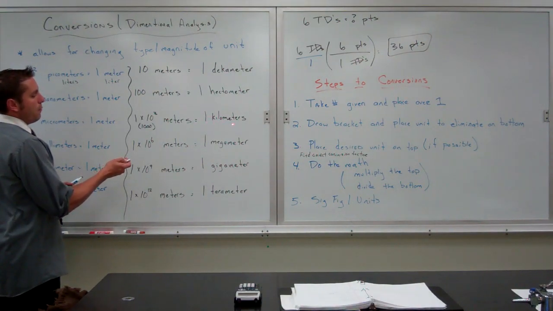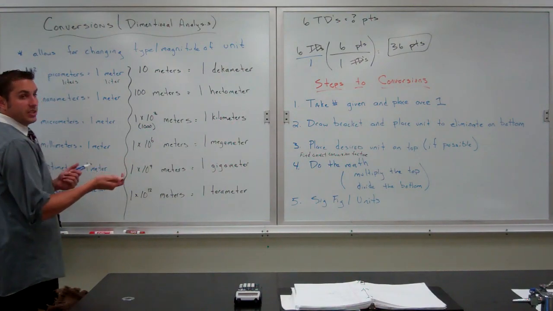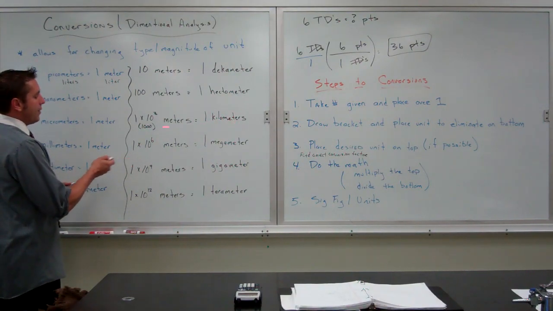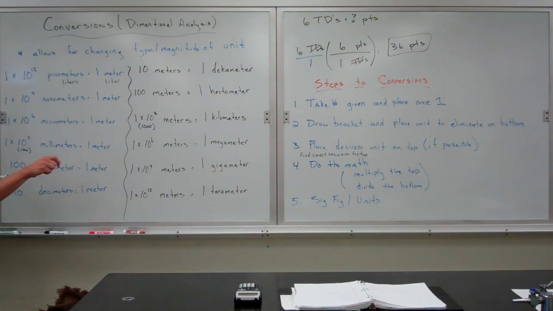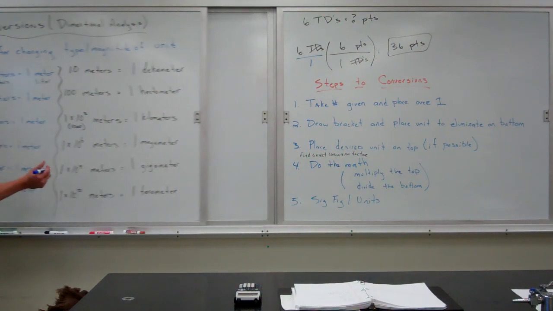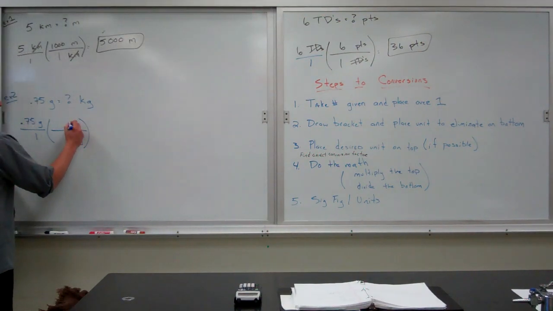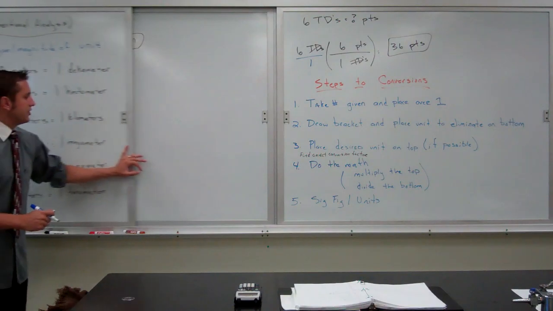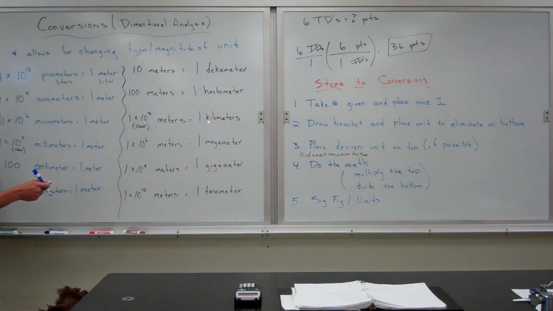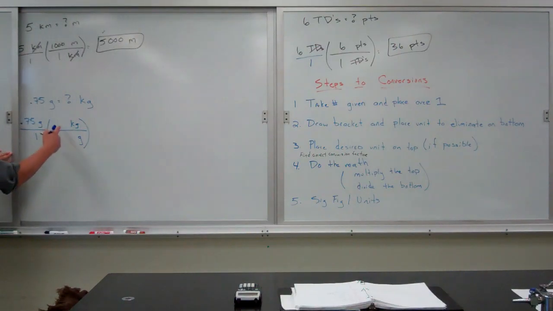1 kilometer is 1,000 meters is the same as 1 kilogram being 1,000 grams. So there is just one line that has kilograms and grams on it, which means we can put kilograms on top. To make sure we get the numbers into the right place, the number next to kilo on our worksheet is 1, which means next to kilo here will be a 1.